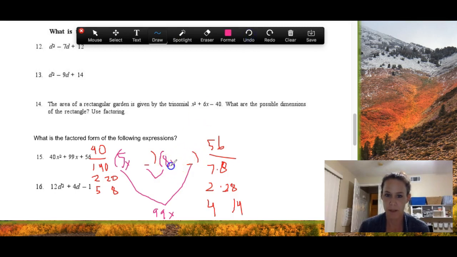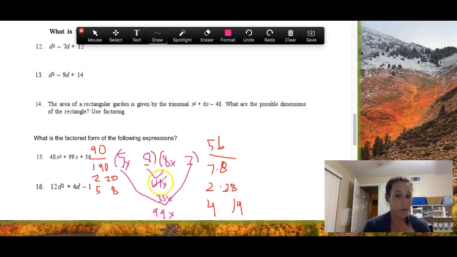However, let's undo that. I need it to be a little bit bigger. So I did 7 and 8. Let's try 8 and 7. Well, 8 times 8 is 64, and then 7 times 5 is 35.